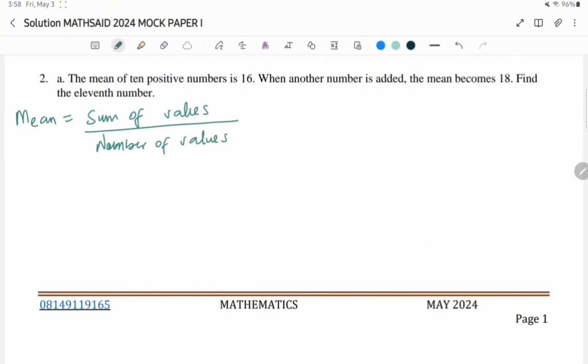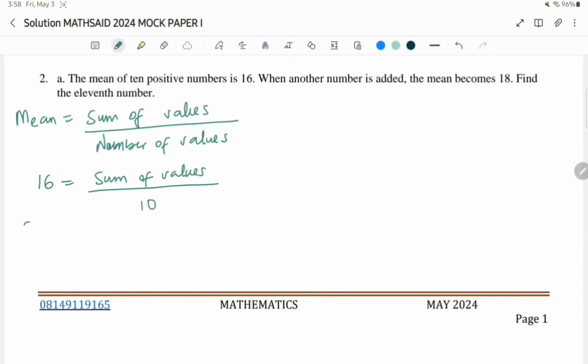So the first mean of the 10 numbers is 16. We don't know the sum of those numbers. So sum of values divided by number of values, which is 10, because we are told that there are 10 positive numbers.